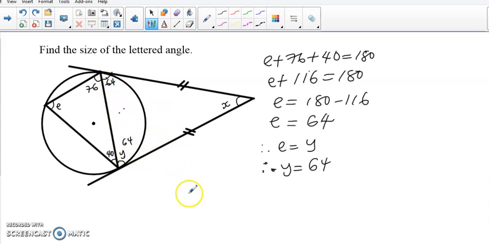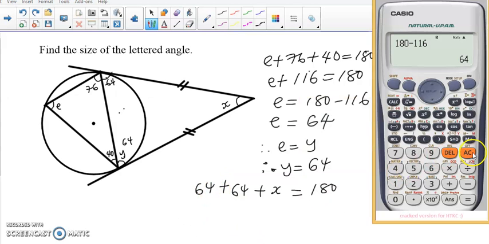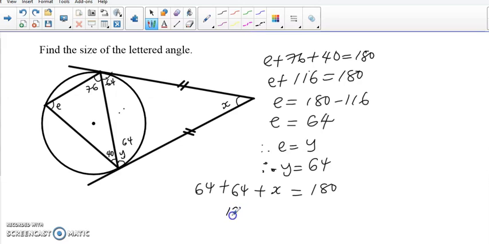Therefore, we can have 64 plus 64 plus x is equal to 180, sum of angles in a triangle. So 64 plus 64 gives us 128. So we have 128 plus x is equal to 180.